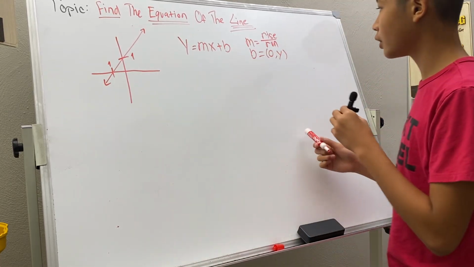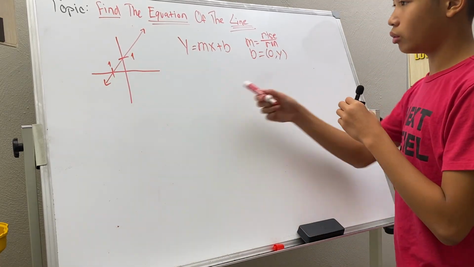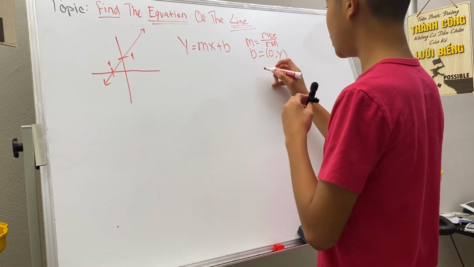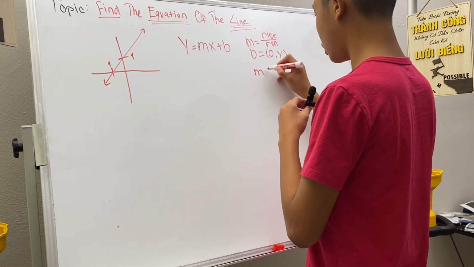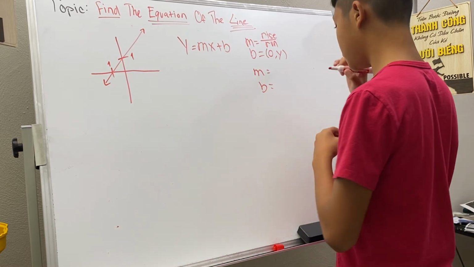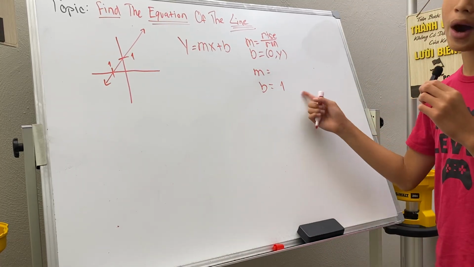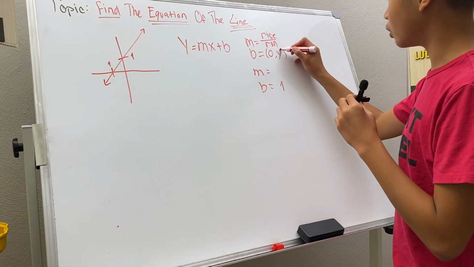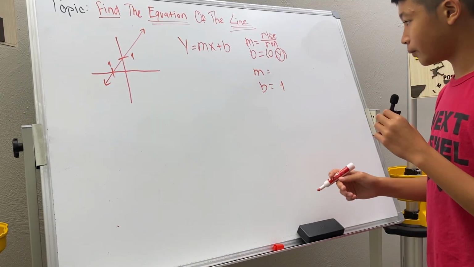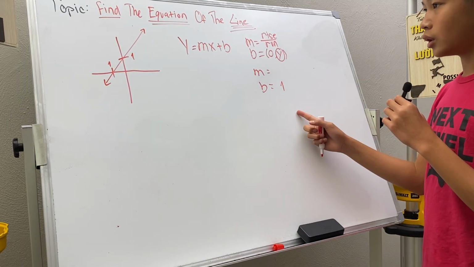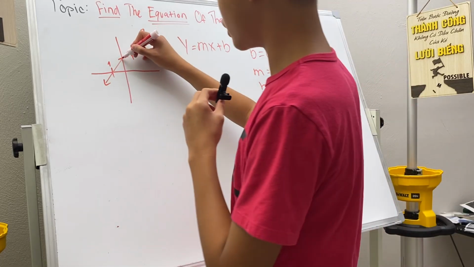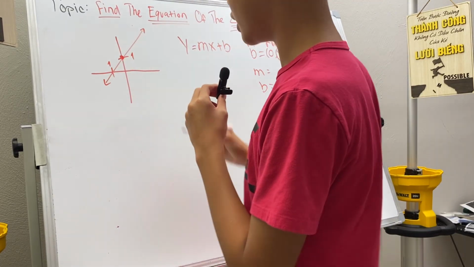So b is equal to 1. You need to write (0, 1). It's basically the y-intercept right here. That's where the graph meets the y-intercept.